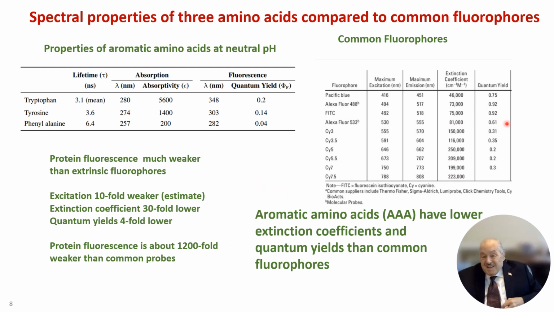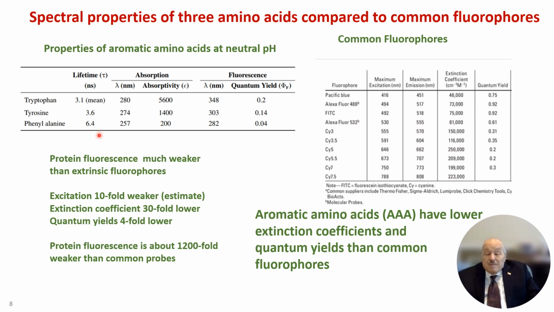Another thing is for all of these common fluorophores, we have laser light sources or LED light sources. For these amino acids, we've only recently gotten LED light sources, and maybe they're not as weak as they used to be, but the ones that I have in my lab at the moment are pretty weak.